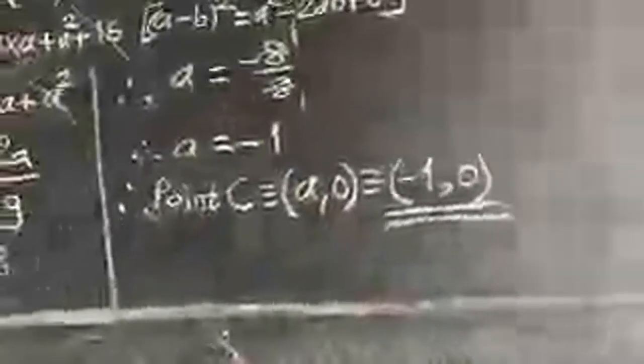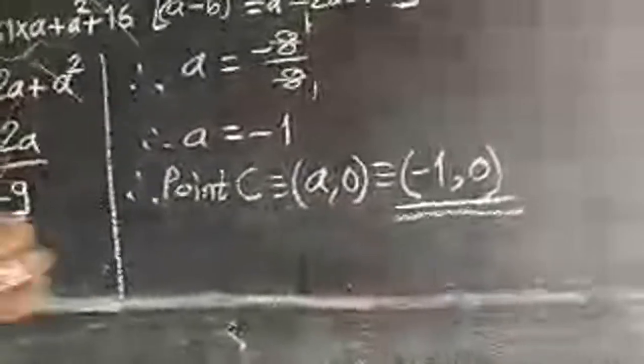Is it correct? And we substitute the value here. Value of a is -1, 0. That is what the question asks.